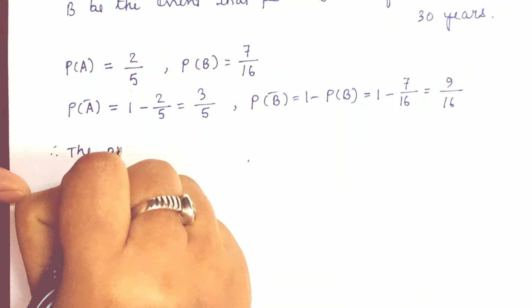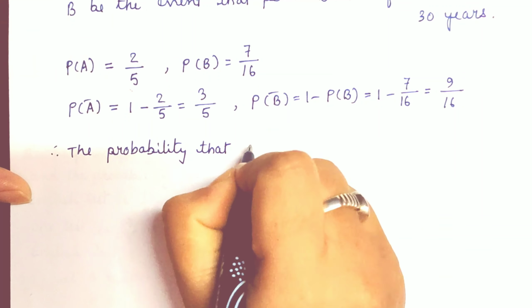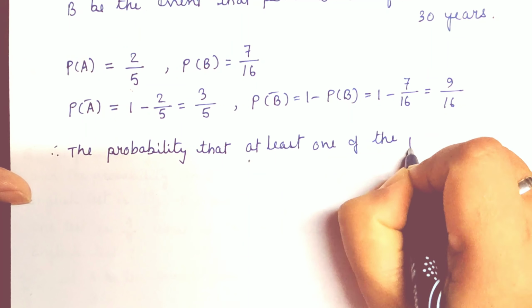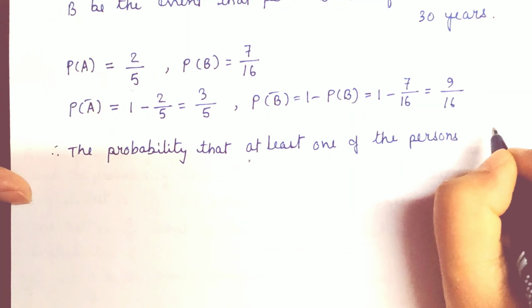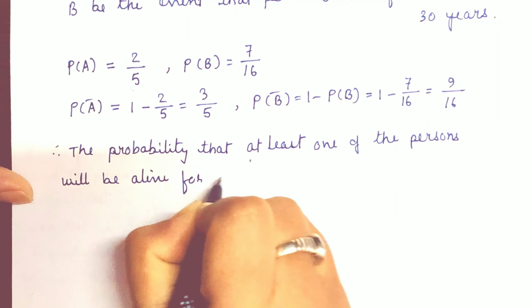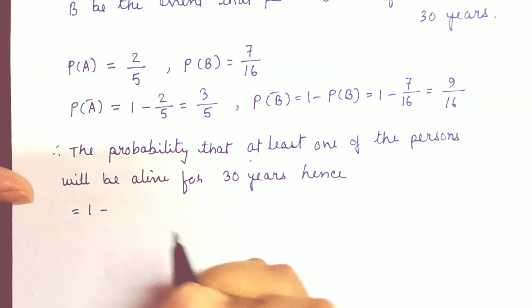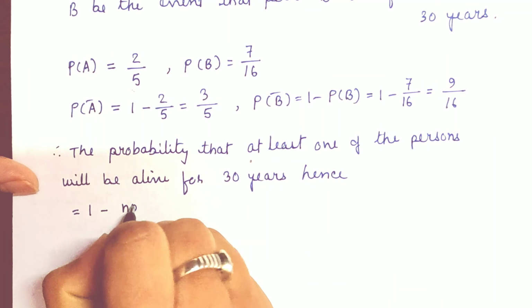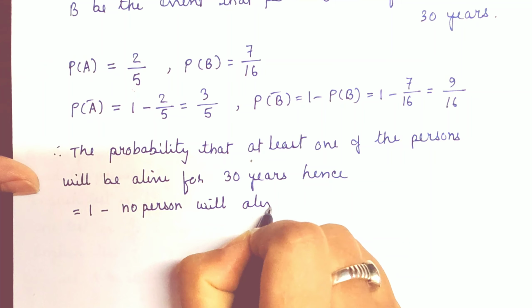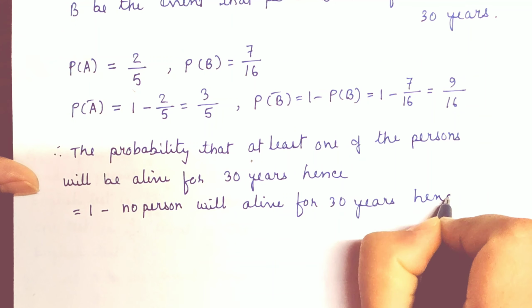Therefore, the probability that at least one of the persons will be alive for 30 years equals 1 minus the probability that no person will be alive for 30 years.